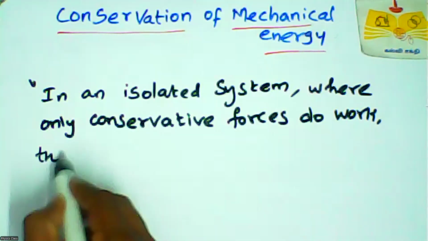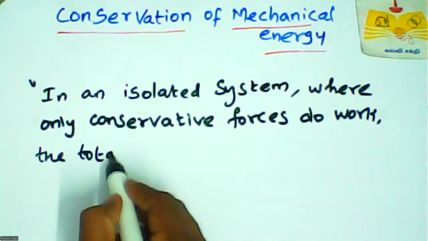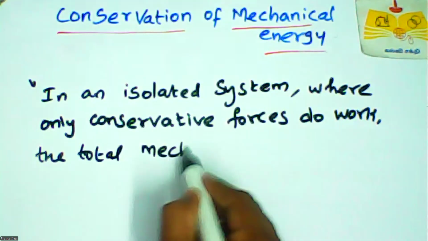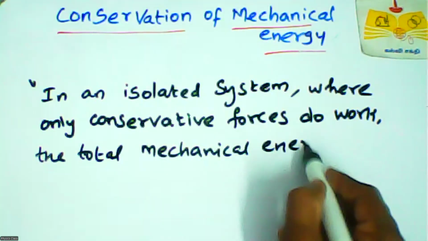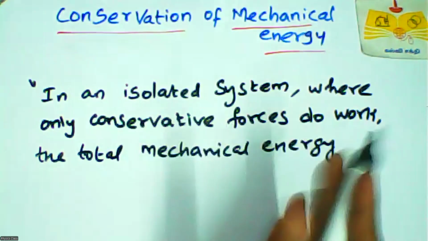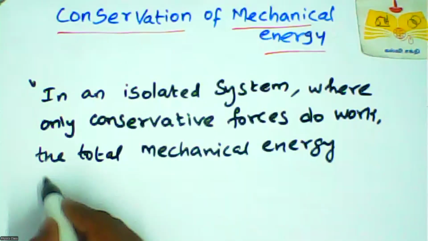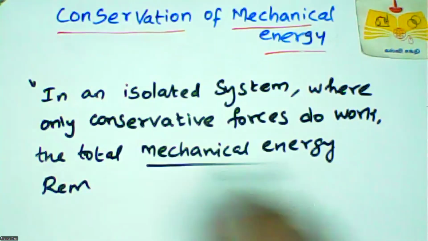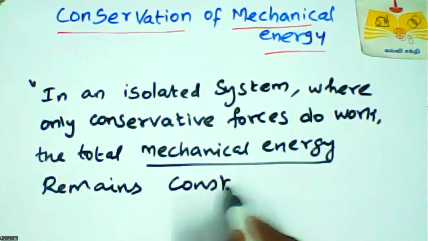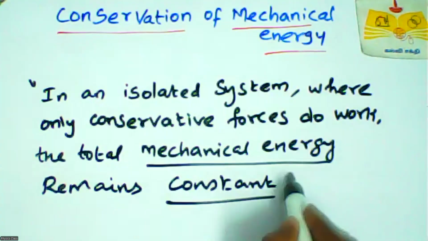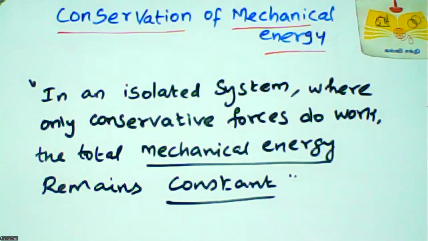So the total mechanical energy, that is, the summation of kinetic energy and potential energy, remains constant. So this is the definition of the law of conservation of mechanical energy.